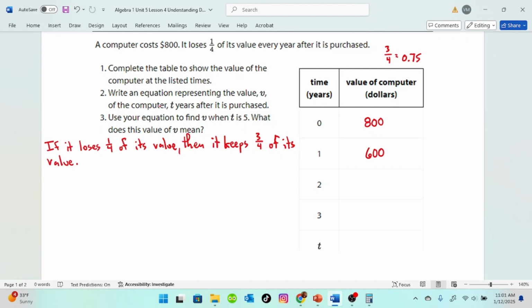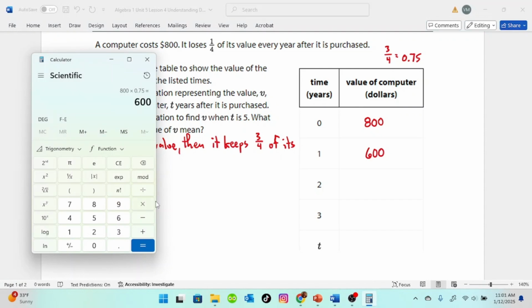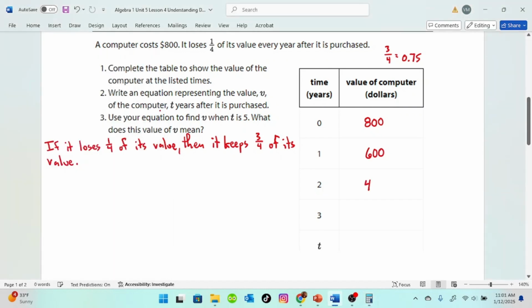Now, to go to the next year, we're going to take that $600 and multiply it by the 3/4 of its value that it still has. And that leaves $450 of value.